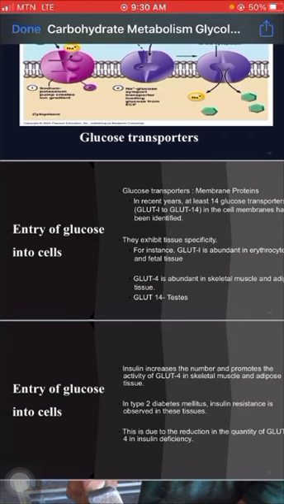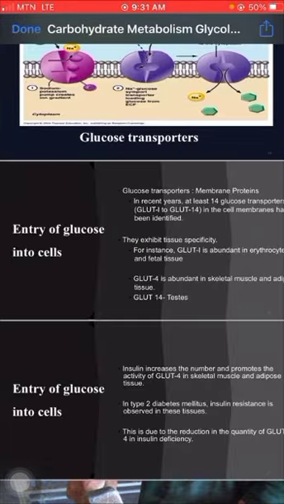So it is specific for what? Erythrocytes and fetal tissue. And we have glucose transporter 4, which is specific in skeletal muscles and adipose tissue.